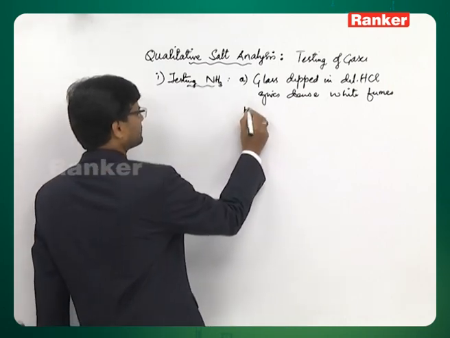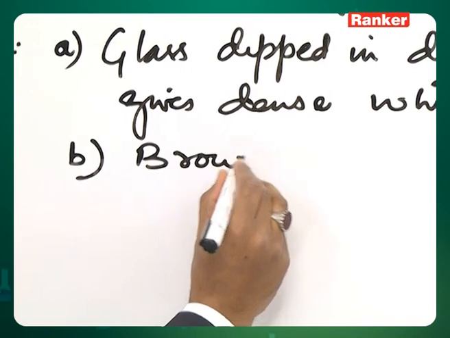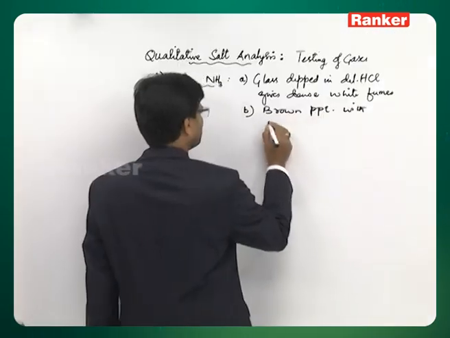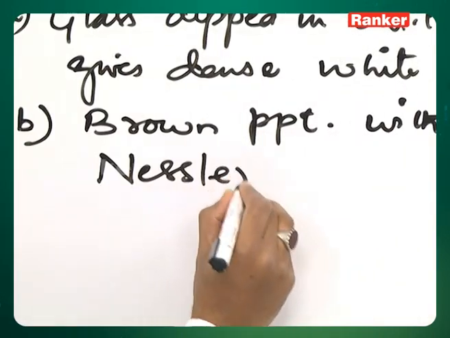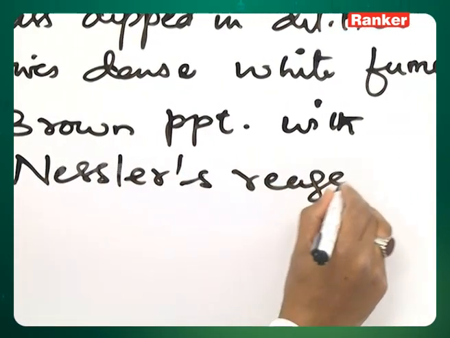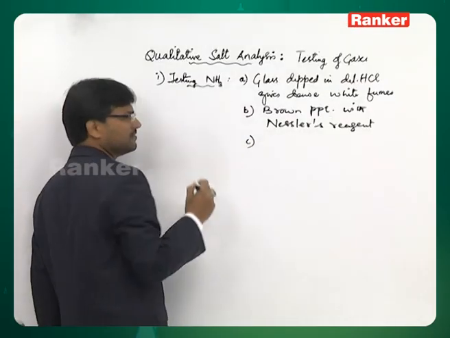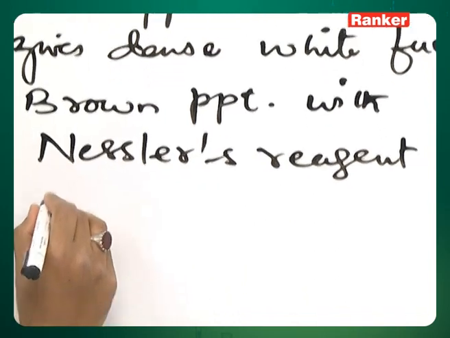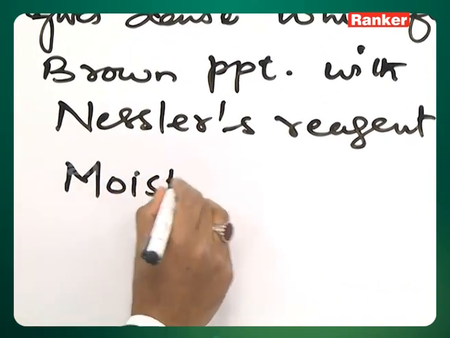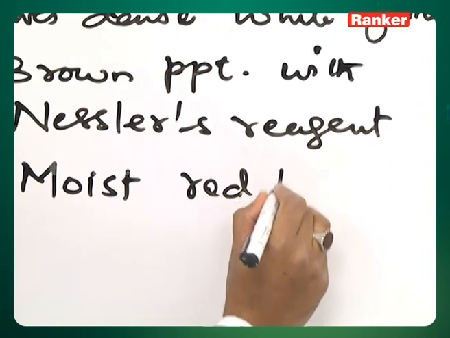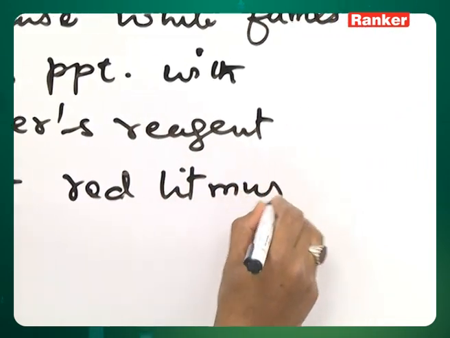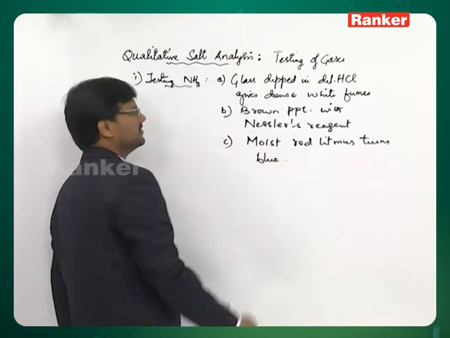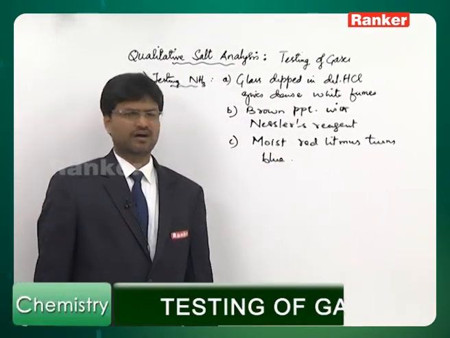Next, you get a brown precipitate with Nessler's reagent. And another most important, moist red litmus turns blue. These are the 3 important tests for ammonia.